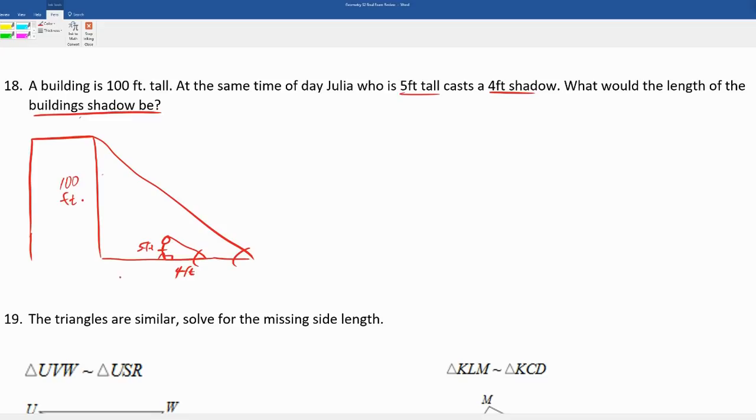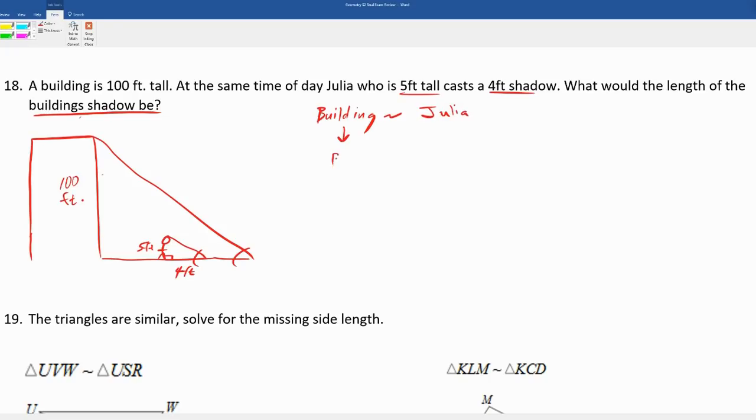So let's find out. Let's talk about proportionality. We're solving for the building's shadow, right? So the building should be proportional to Julia, right?